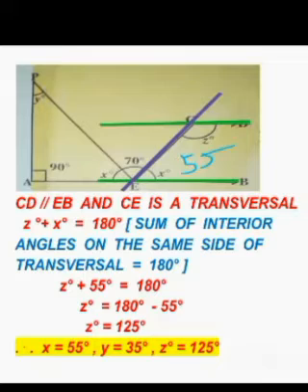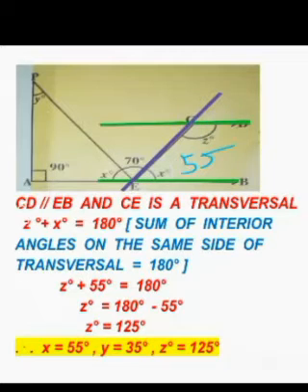Now let us find out the value of z. So here you consider what they have given, children. Line AB is parallel to line CD and CE is a transversal. Okay. So what you observe, children, in two parallel lines, CE is a transversal, angle z plus x degrees is equal to 180 degrees.